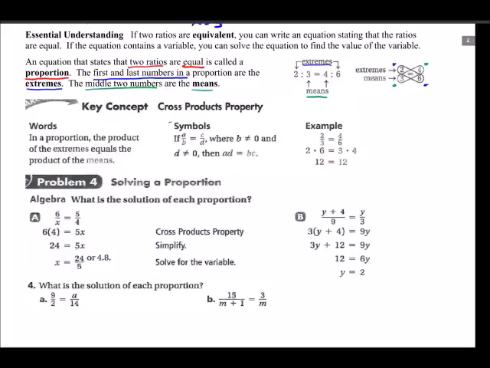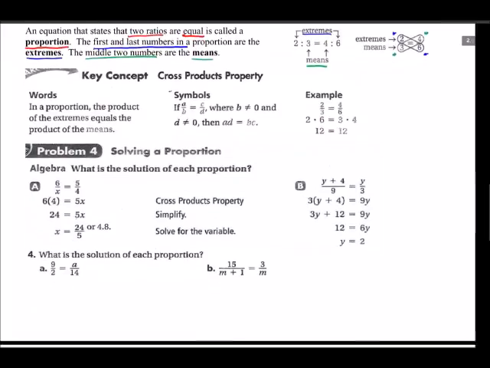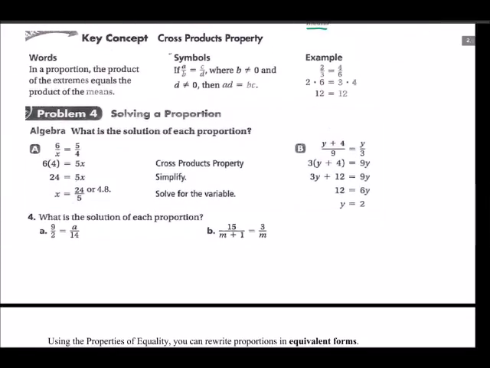Now, how do you solve a proportion? Do you remember? The cross products property says in a proportion, the product of the extremes equals the product of the means. So what does that mean to us?